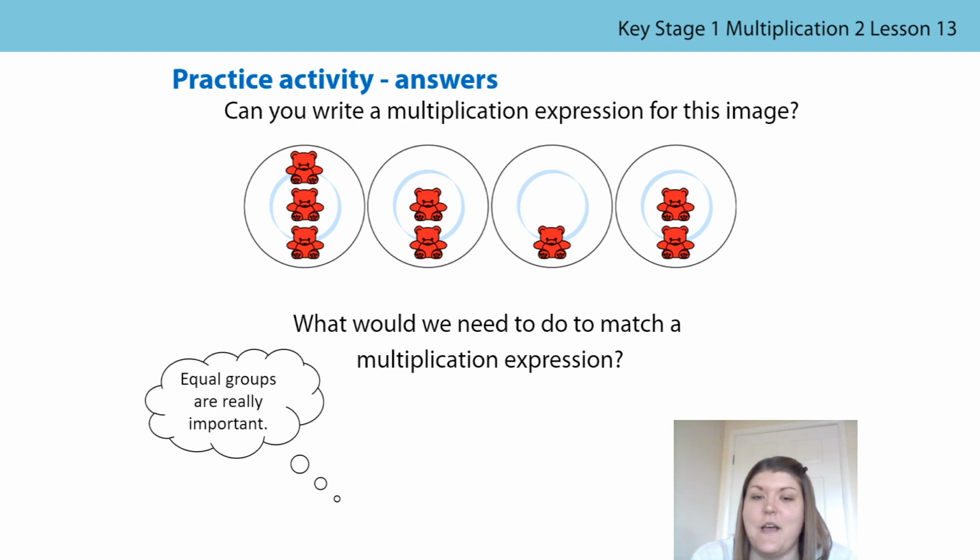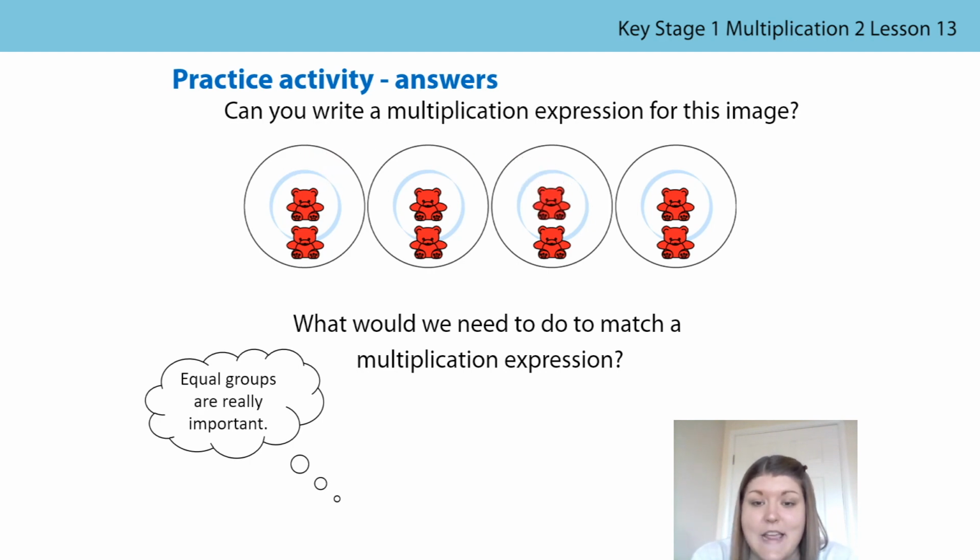Can you write a multiplication expression for this image? What would we need to do to match a multiplication expression? And I gave you the clue, equal groups are really important. Why were the equal groups really important? Did you notice? Yeah, my bears aren't equal.